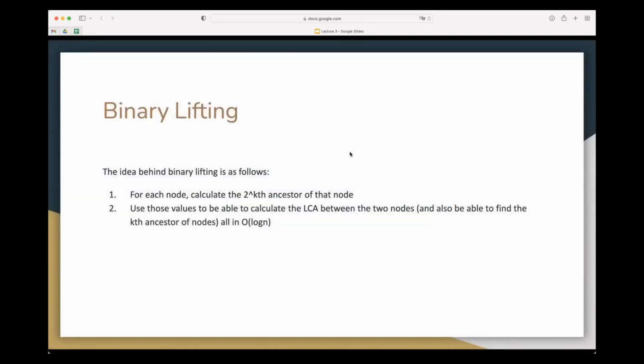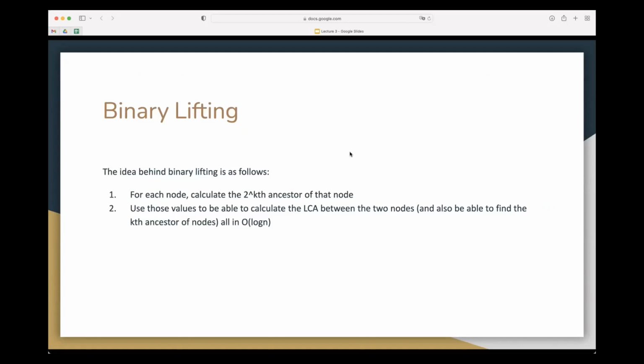So the idea behind binary lifting is as follows. There are 2 steps. The first step is for each node, you calculate the 2 to the kth ancestor of that node. So for every node, you calculate what is the 2nd ancestor of that node, what is the 4th ancestor, the 8th, the 16th, the 32nd, and so on. And the second step will explain why we want to do that.